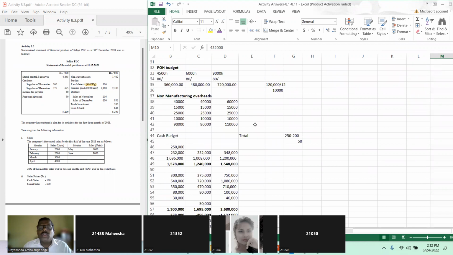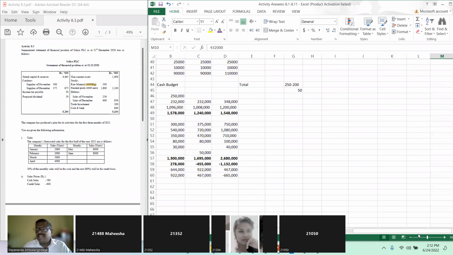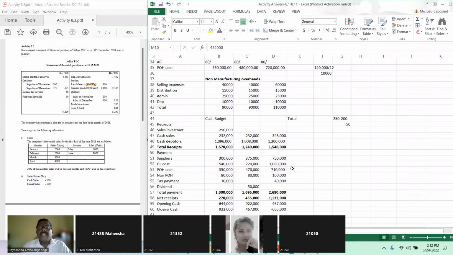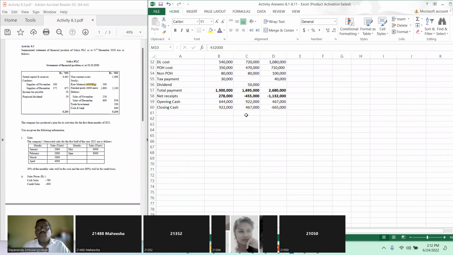I hope that you got the answer very clear. We prepared the cash budget. Now what we do is we will prepare the income statement. Budgeted income statement, very simple.